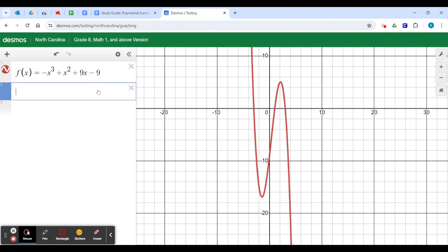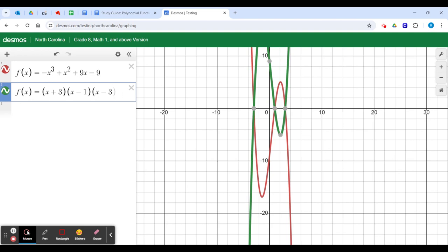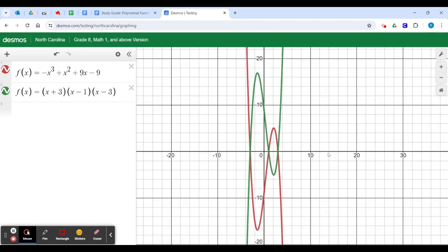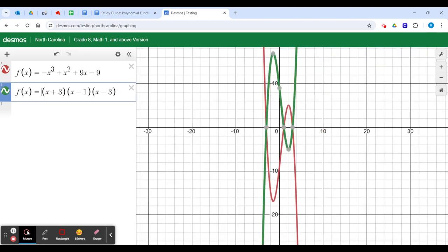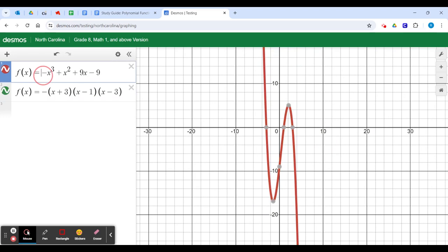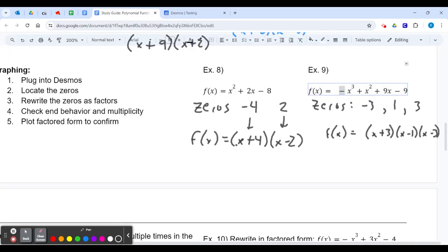Let's just check this out though and see if I got that right. So we had an x plus 3, an x minus 1, and an x minus 3. Yeah, you can see that all of our zeros lined up, boom, boom, boom, but that end behavior is way off, right? They're going in opposite directions. So by throwing that negative sign out in front, which also showed up in our standard form, we can ensure that we get that factored form correct.